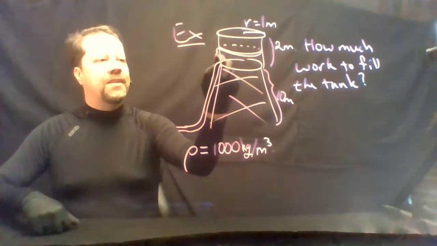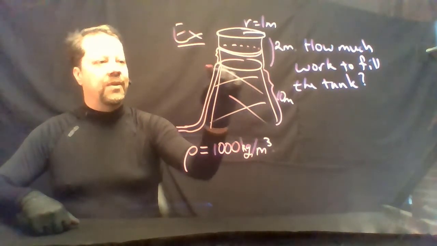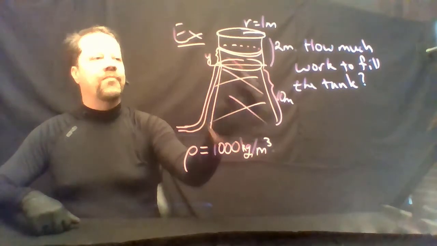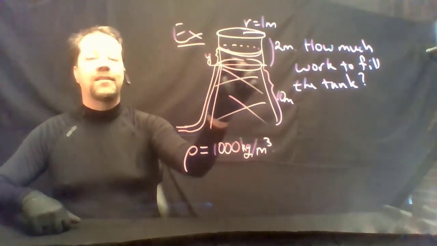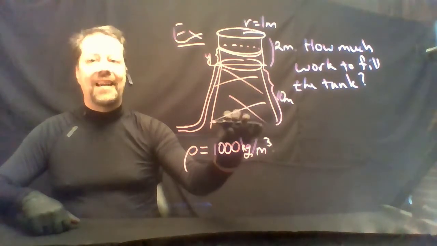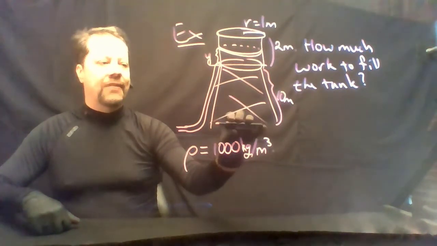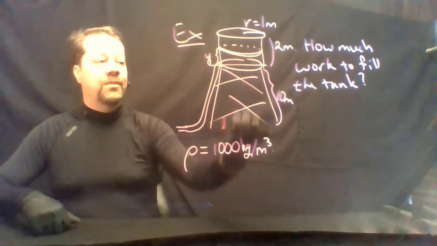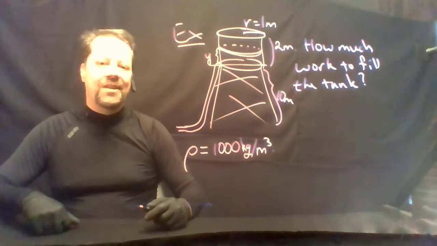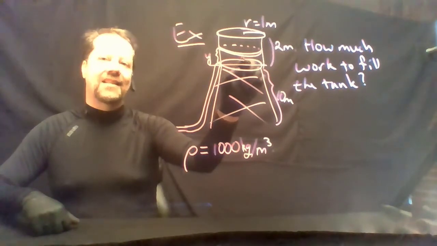Let's suppose that the coordinate system that we apply has y values here from the bottom of the tank to this layer. So we're going to have to transport that layer of mass from ground level to 10 plus y meters. How much mass is in that little thin slice?